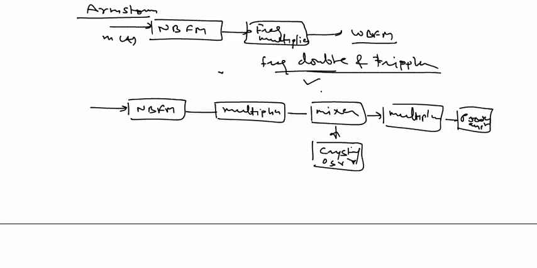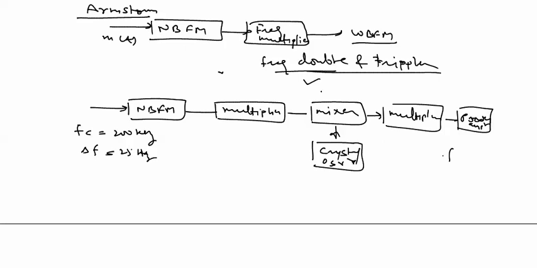Why do we use a mixer here? The original message signal, before NBFM, has a carrier component of 200 kHz, with deviation of 25 Hz, and is applied to this multiplier.